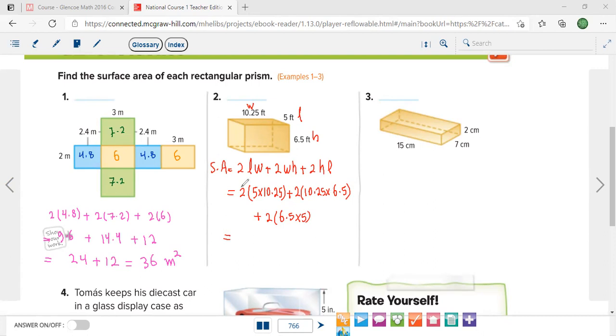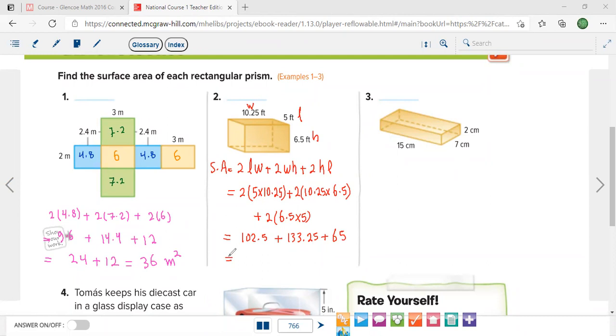And this will be, of course, 2 multiplied by 5 is 10, and 10 times 10.25 will give you 102.5, plus 2 multiplied by 10.25 times 6.5, 2 times 6.5 is 13, and 13 times 10.25, this will give you 133.25. 2 by 5 is 10, and 10 times 6.5 is 65.